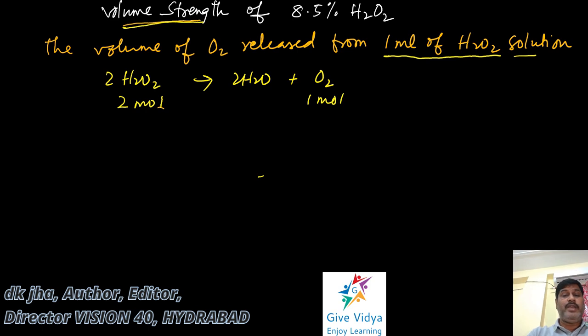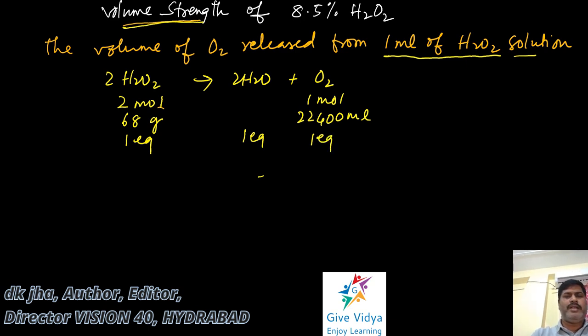Here we can say that 68 gram is giving 22,400 ml of O2, or we can say in terms of equivalents that one equivalent gives one equivalent of H2O and one equivalent of O2.